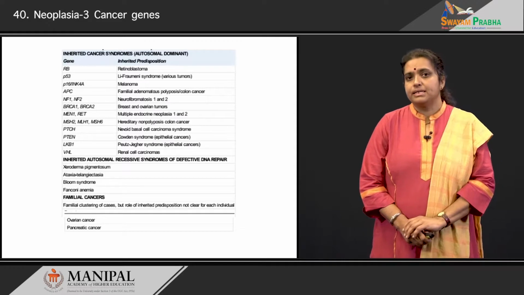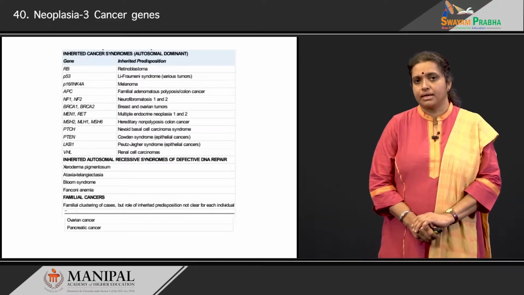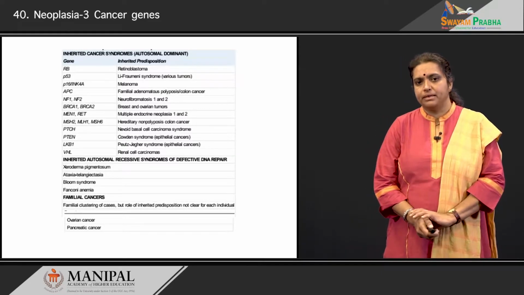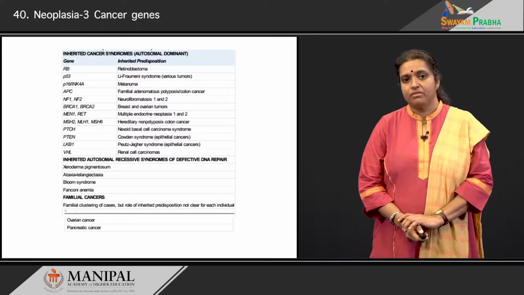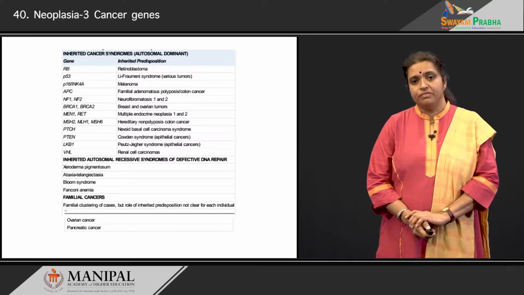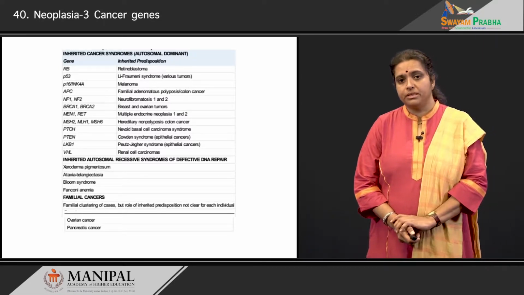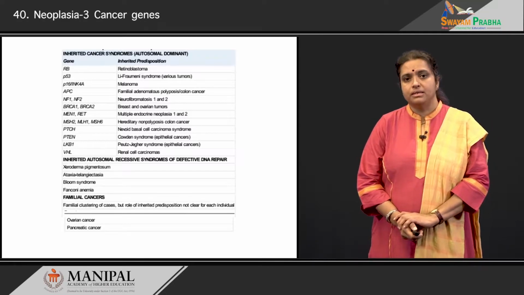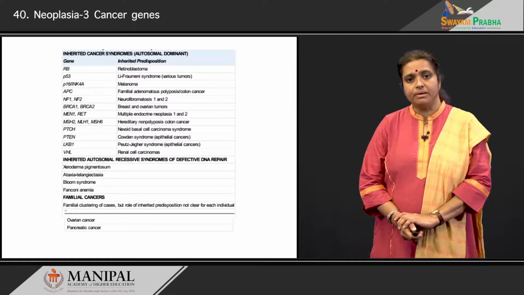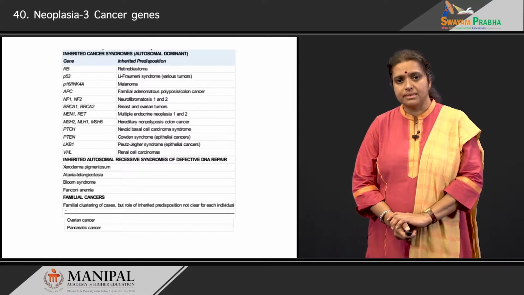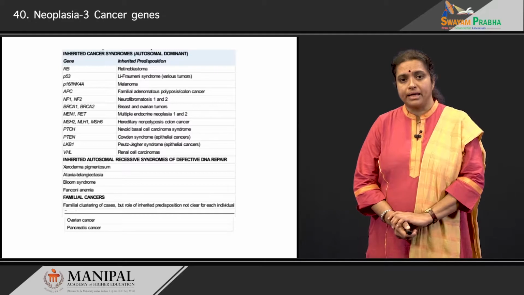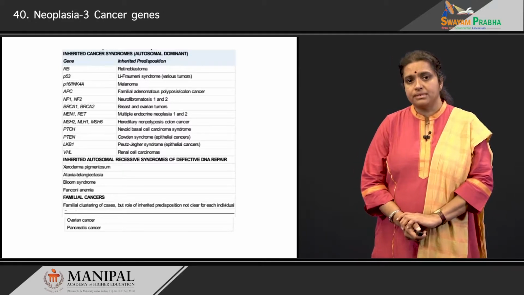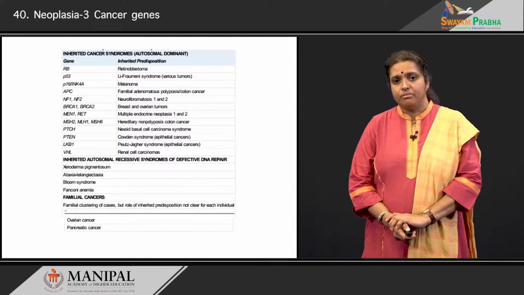We have already discussed a little bit about this in our cancer epidemiology lecture, but let me go through this a bit again. P53, a very important gene, if inherited, causes the Li-Fraumeni syndrome. The RB gene causes retinoblastomas, the APC gene is implicated in familial adenomatous polyposis, and BRCA1 and BRCA2 are implicated in the very common breast and ovarian cancers, and we have many others.